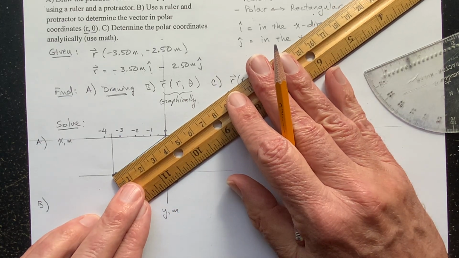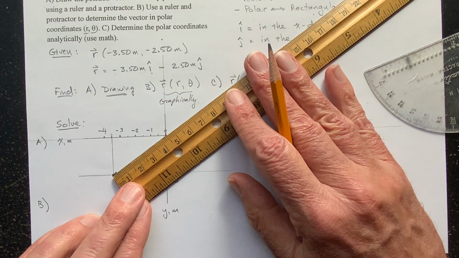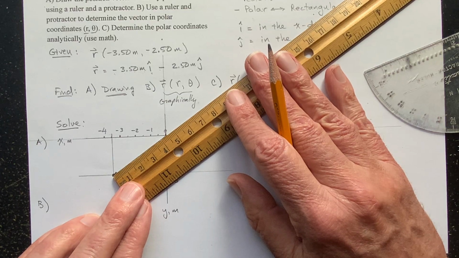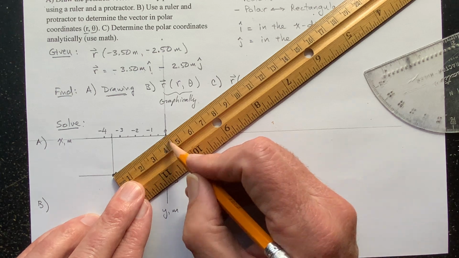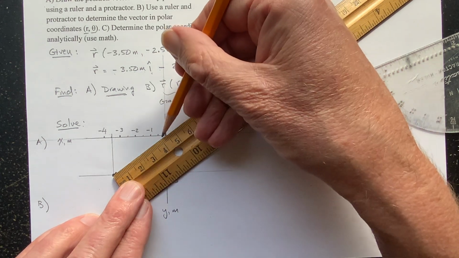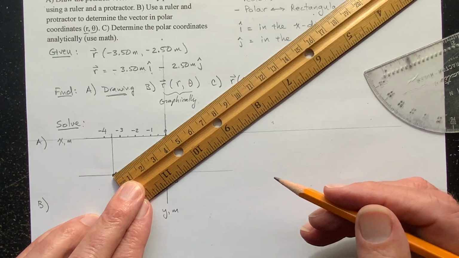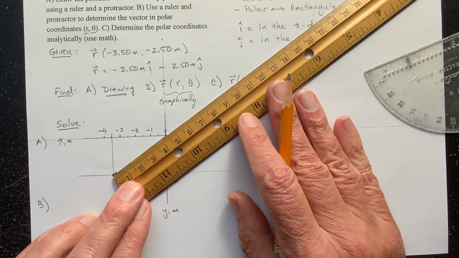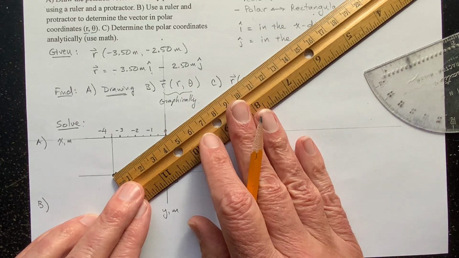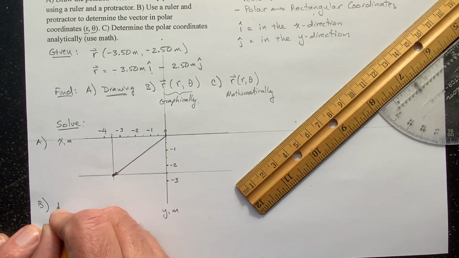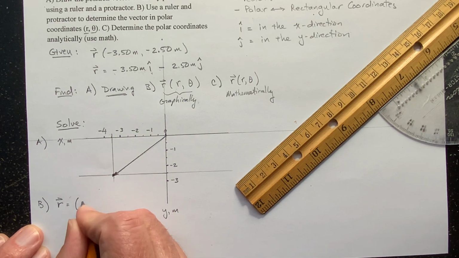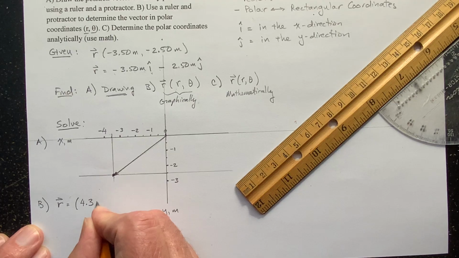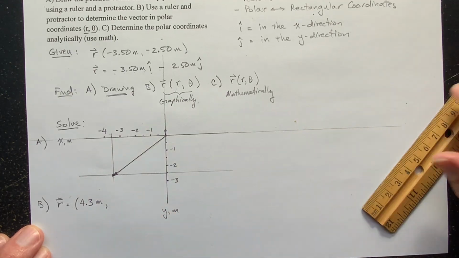Well, I'll put it right here so it's a little more obvious. That's about 4.3, I think. Can't really get beyond that 0.3. Can't really even estimate between the millimeters here because the thickness of the lead is just too much. But we're going to say that R has a magnitude of 4.3 meters.